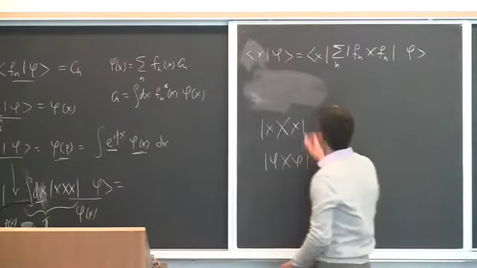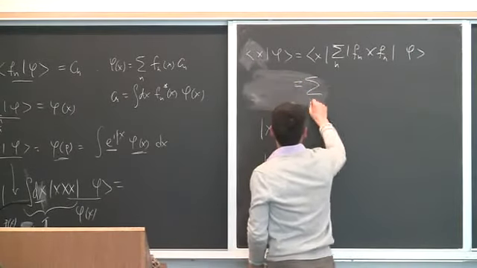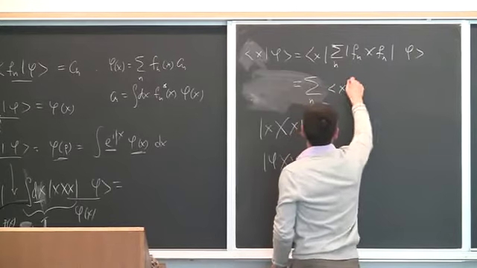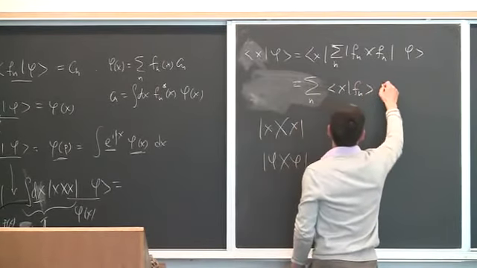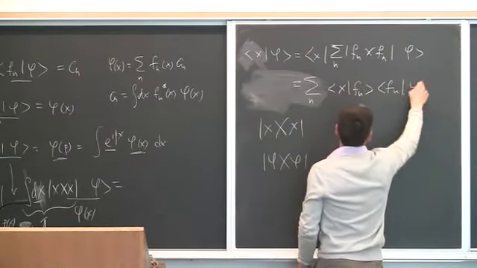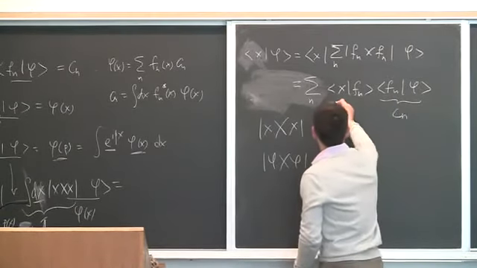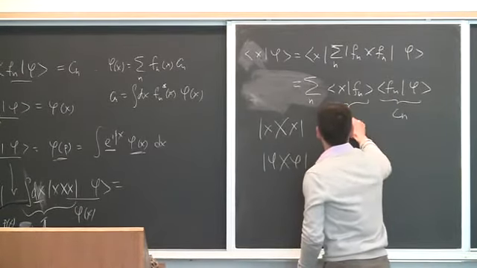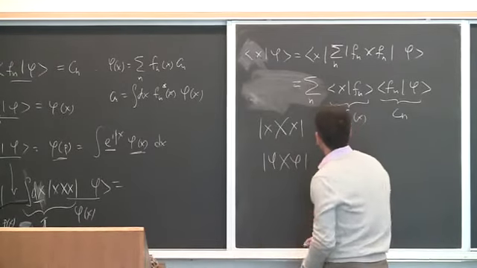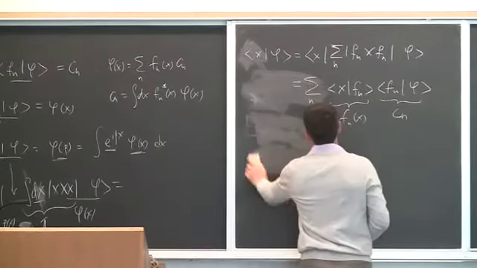Then this is the sum over n of <x|fn>, these are our constants, times fn of x.